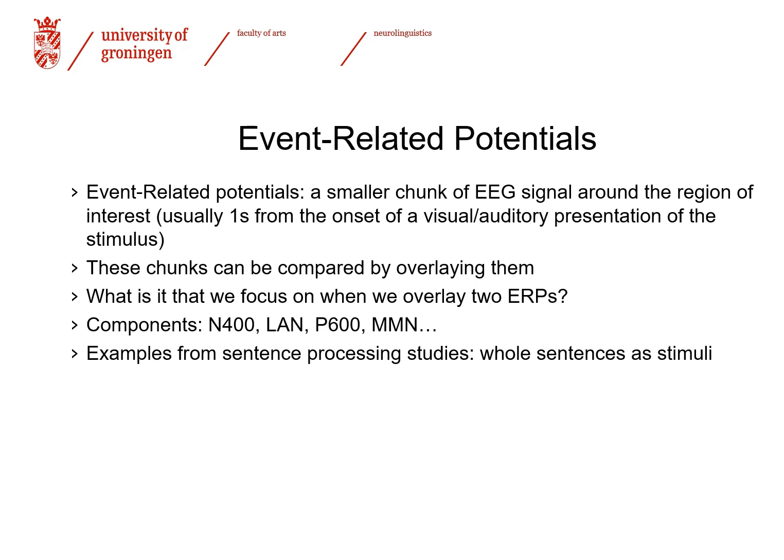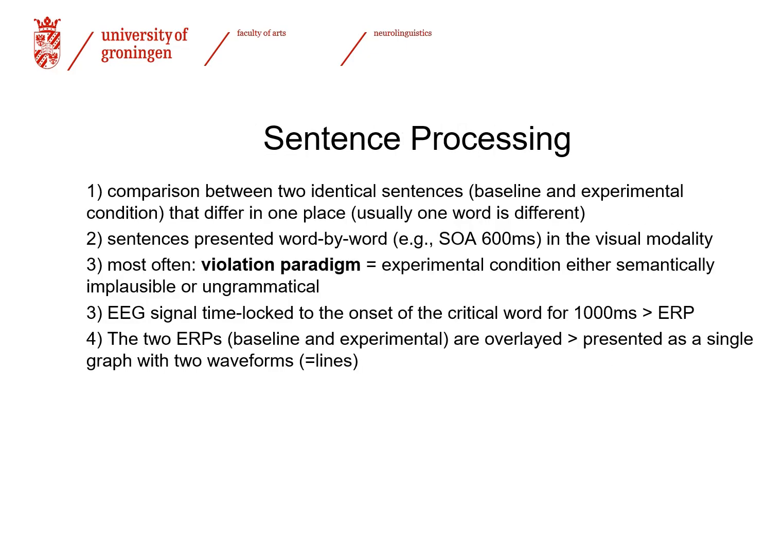In order to better explain what a component is, I would like to start using an example from sentence processing studies, which means studies that use whole sentences as stimuli. So what does a typical sentence processing ERP study look like?